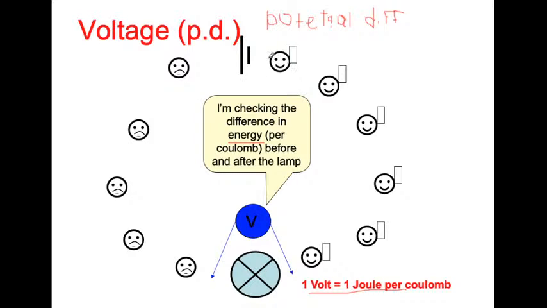So one of the big differences is with electromotive force, even if there's a break in the circuit and we don't have any current flowing at that point in time, there still will be an energy difference. Whereas with potential difference, we need to have this electron flow, right? If nothing is flowing into it, we're actually not going to have any voltage or any energy difference before and after.